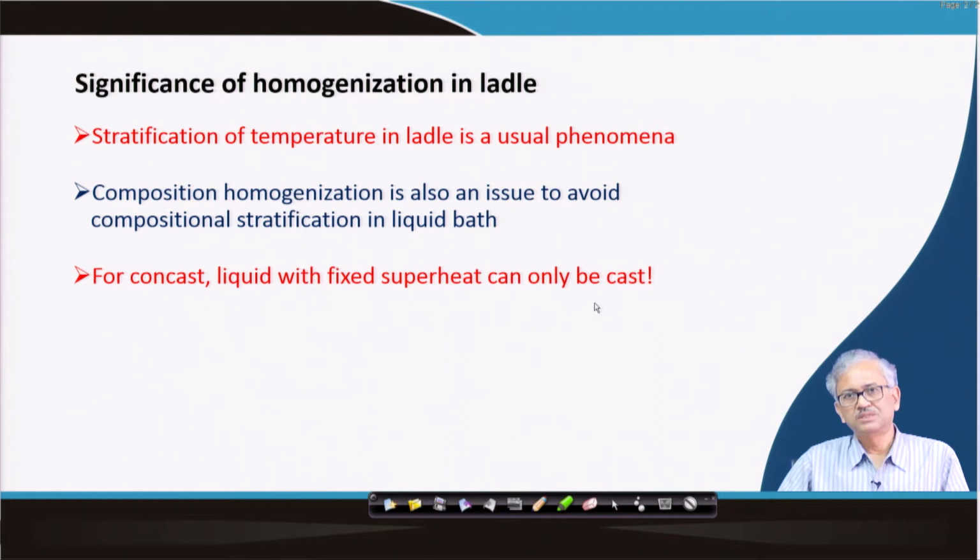This is the rate at which we will extract the heat such that you can develop a certain amount of skin thickness so that the material comes down smoothly, because continuous casting is a continuous process.